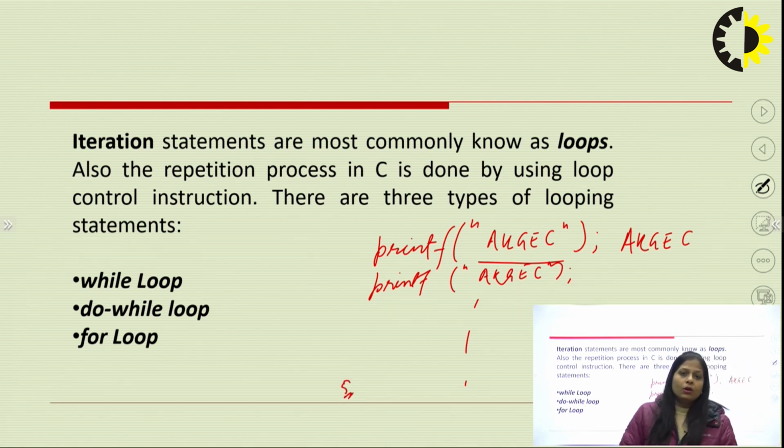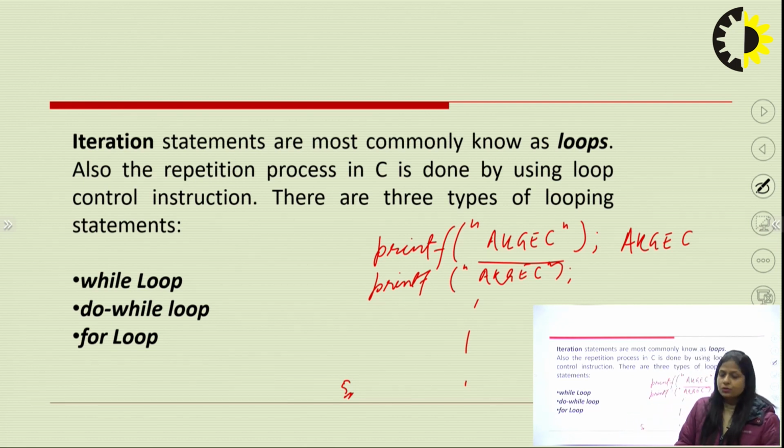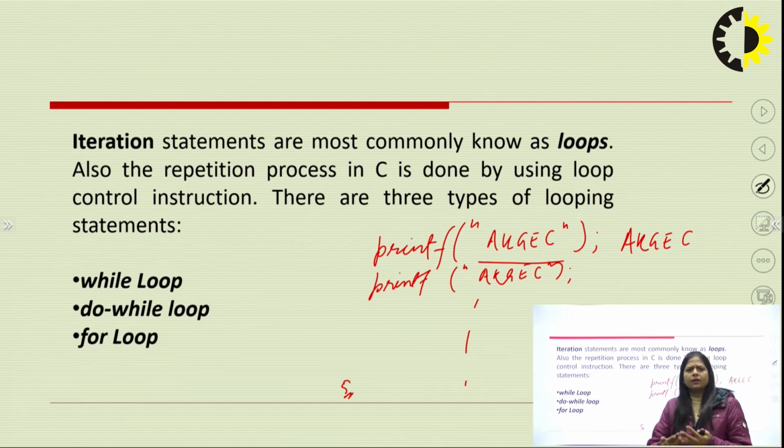But what will happen if I ask you to display AKGEC 50 times on your screen, or 500 times? It would become very difficult, or rather hasty, to write the same statement again and again multiple times.